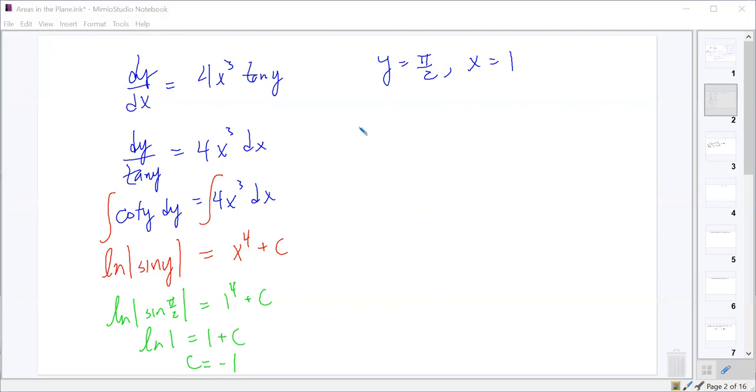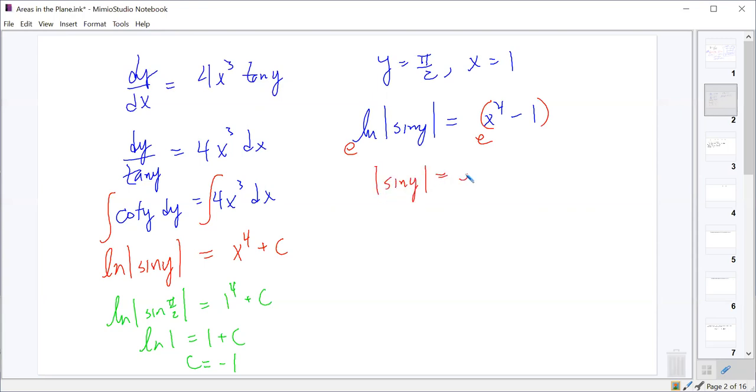Yeah. Okay, so now we have natural log absolute value sine y is equal to x to the 4th minus 1. And we need to solve that for y, which is going to be a little bit of an issue. Not an issue per se, but it's going to require some work here. We're going to have to exponentiate, which will just give us absolute value sine y equals e to the x to the 4th minus 1.